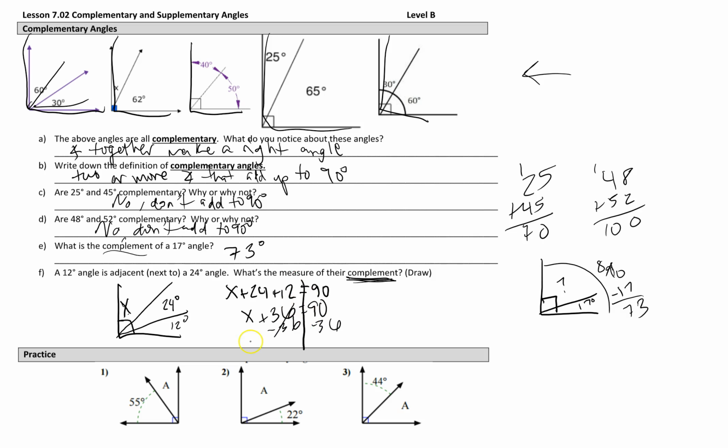We're just solving an equation. And we see x equals 90 minus 36, 54 degrees.